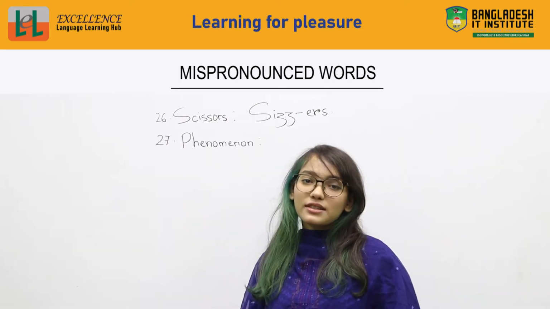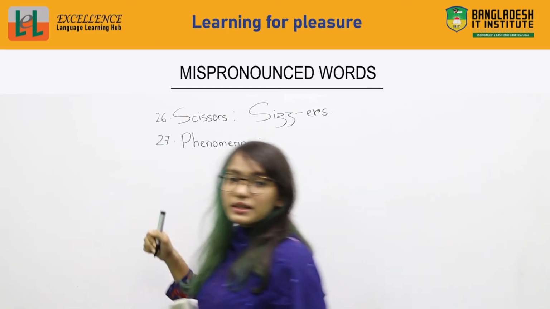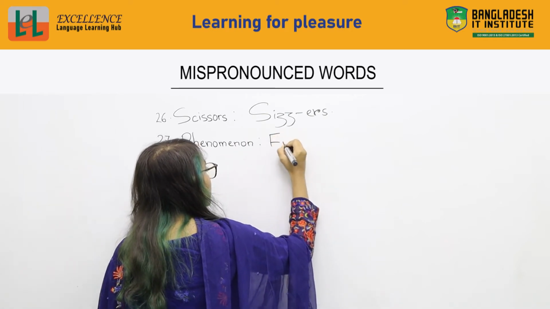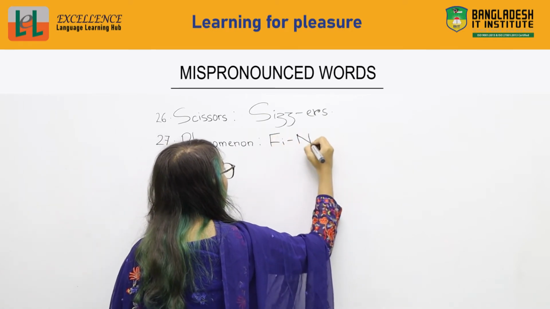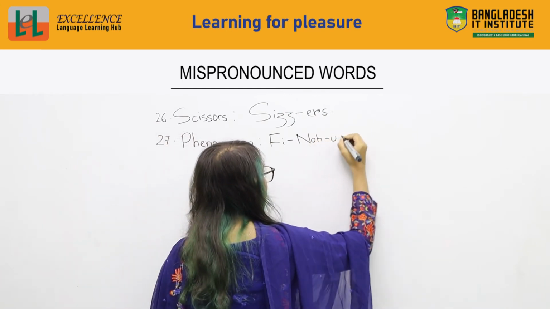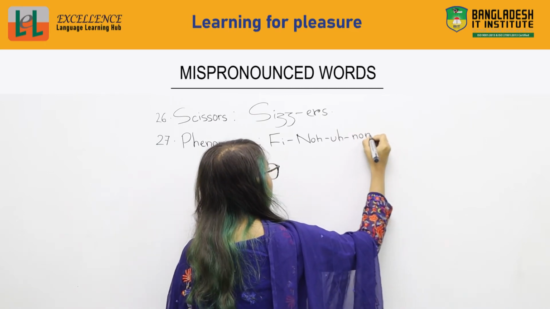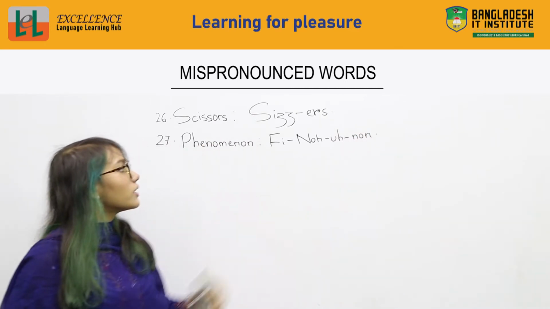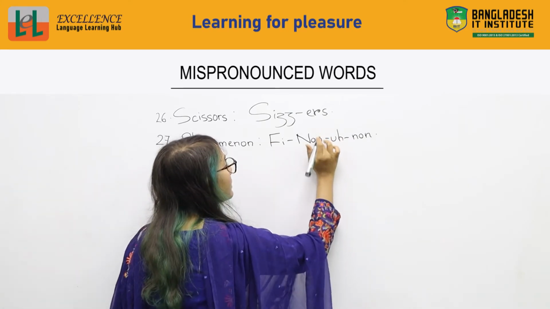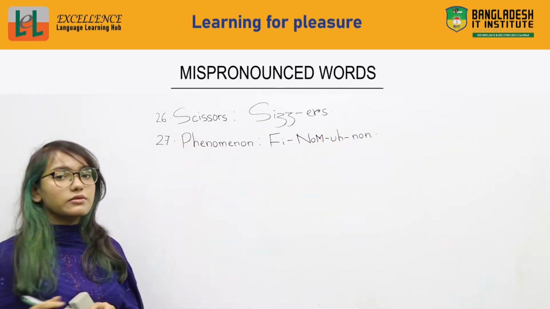There's no p pronunciation in this, there's phi, fi. So I'll write the spelling of the pronunciation. Phenomena. Phenomenon. There is an M. Phenomenon.